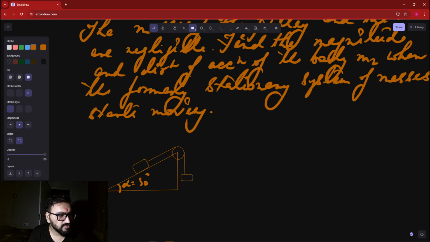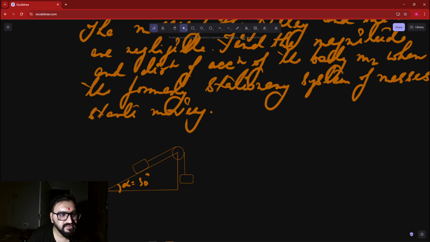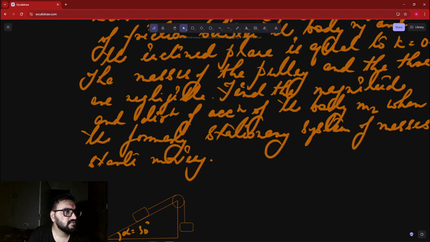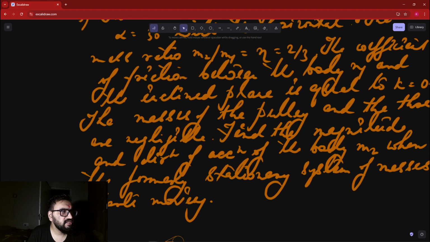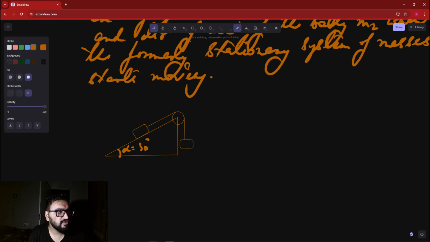It's an ideal situation, so there is no friction from the pulley. Okay, and the strings are massless. It has been given to me that m2 upon m1, wherein m2 is the mass of this body and this is m1, is equal to eta, that is equal to 2 by 3.